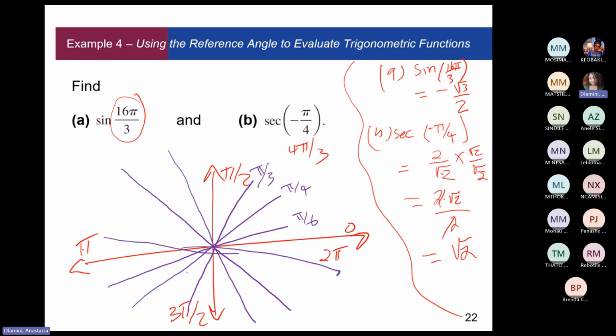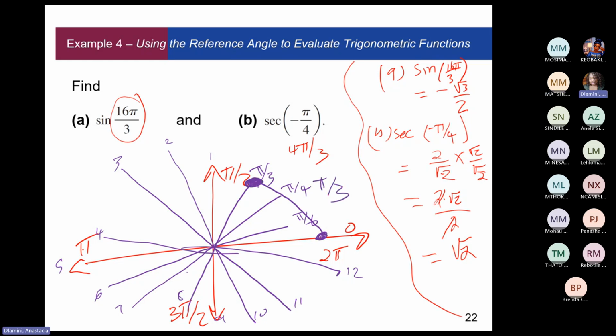So let's label them because we're looking at 4 pi over 3. So we have 1, 2, 3, 4, 5, 6, 7, 8, 9, 10, 11, 12. Okay, so our first pi over 3, do we agree it starts from here, it comes here? That's our pi over 3.